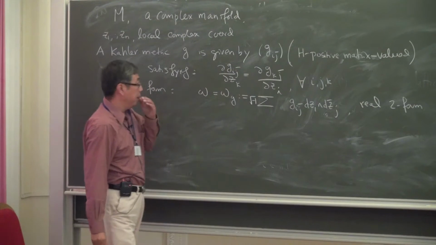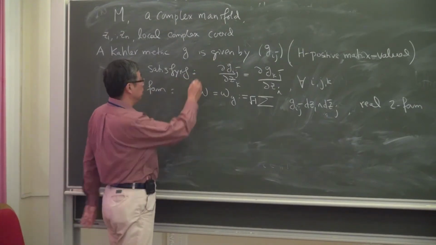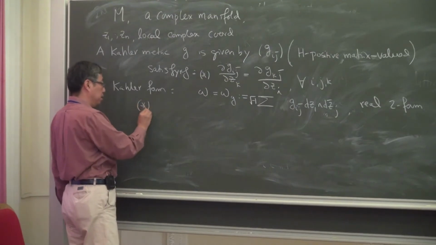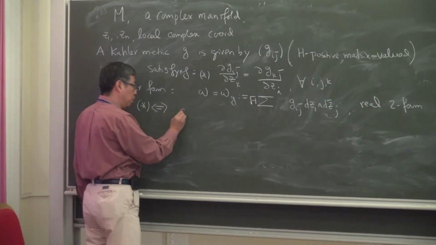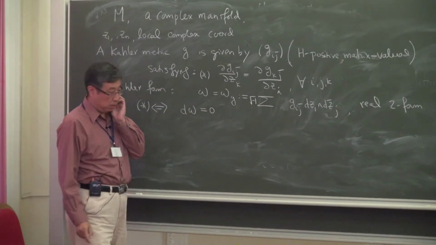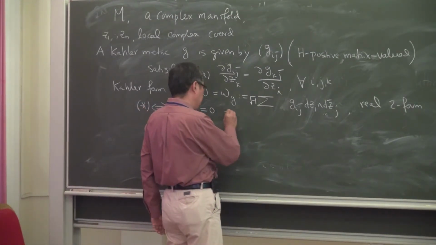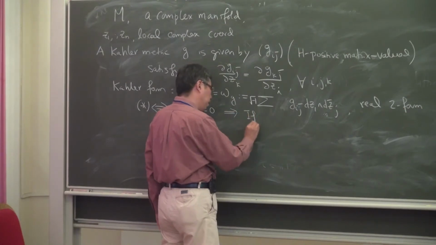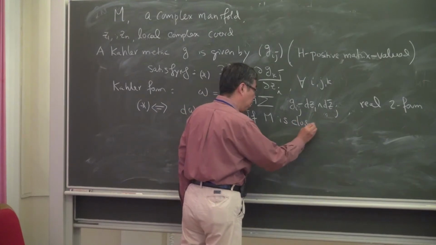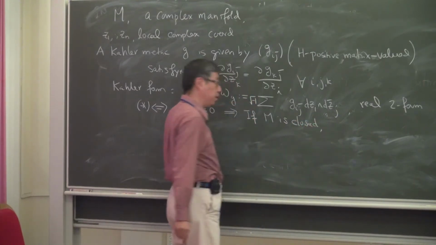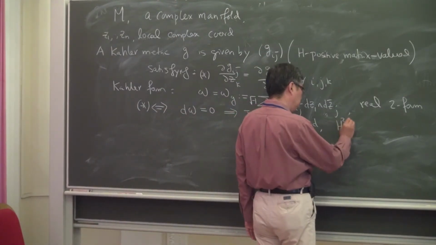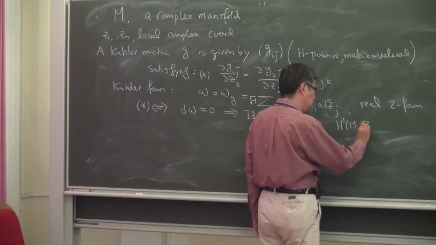And then this Kahlerian condition is exactly the same as saying d omega is closed. So in particular, if M is closed, then H2 of M with real coefficients is not zero.